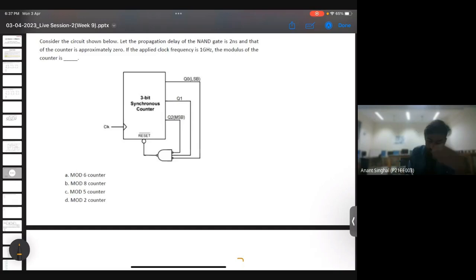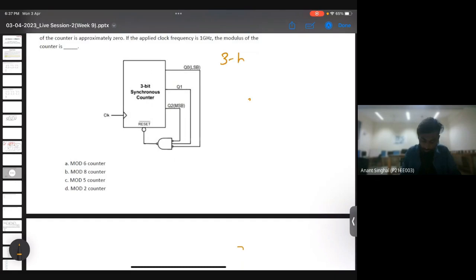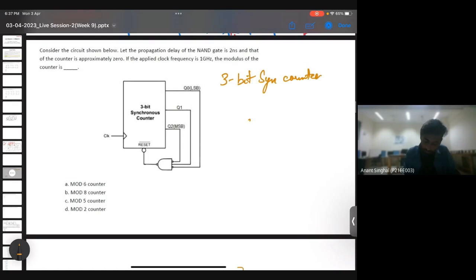So the question says we have a 3-bit synchronous counter, and it says let the propagation delay of the NAND gate be 2 nanoseconds, and that of the counter, it says it is 0.